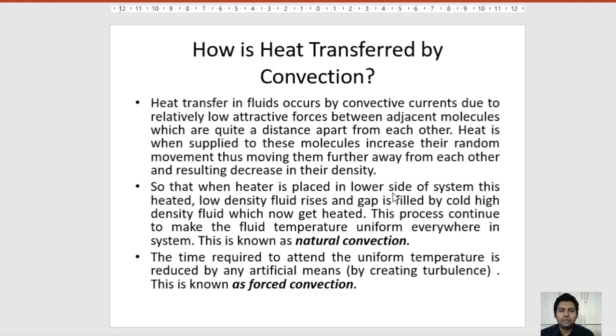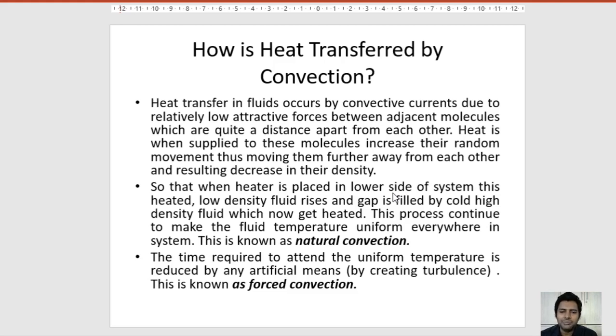In this way the convective current flows across and convection happens. So when the heater is placed on the lower side of the system, the system gets heated, the low density fluid rises and the gap is filled by the cold high density fluid, which now gets heated again. This process continues to make the fluid temperature uniform everywhere in the system, and this is known as natural convection.